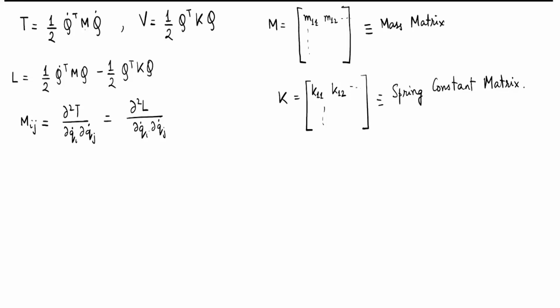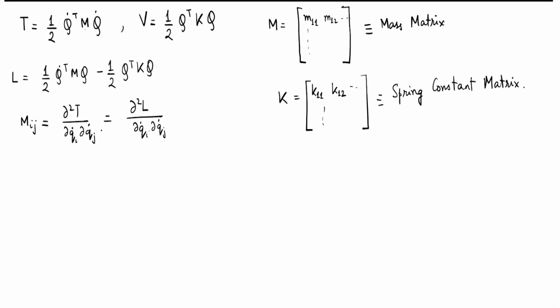I should write it as capital. Anyways, M11 is del 2T del Q1 dot 2. M12 is del 2T del Q1 dot del Q2 dot. M23 is like that.